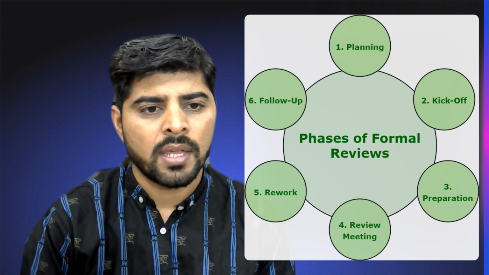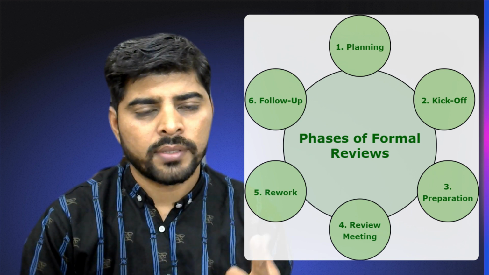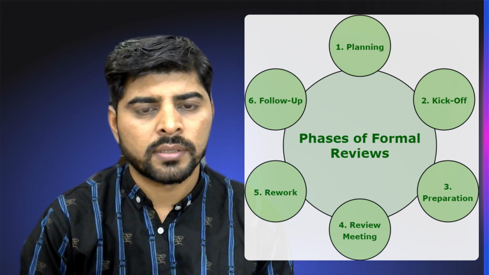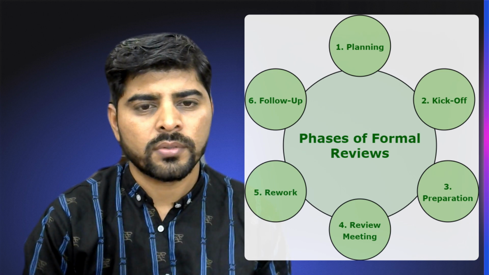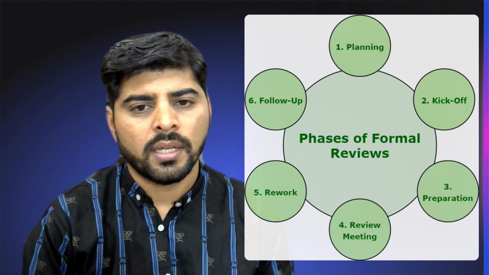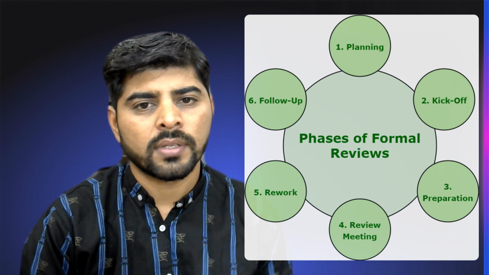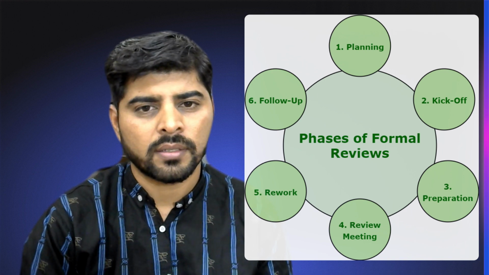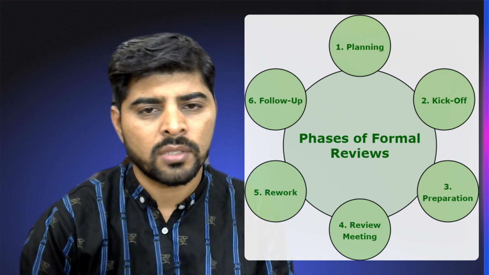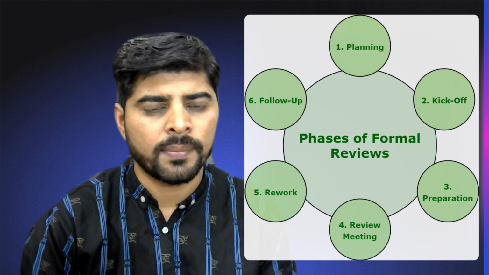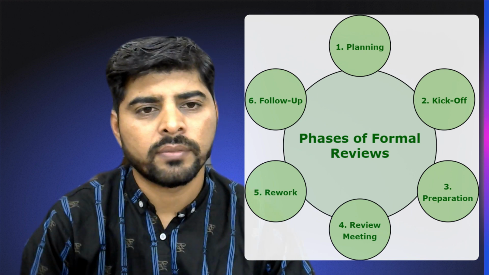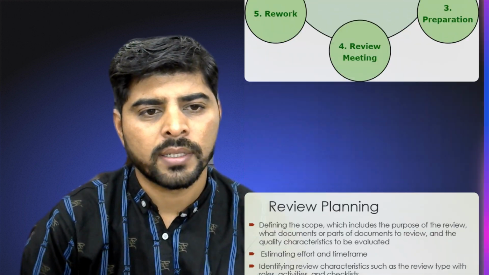There is an author, and there are reviewers who review the work product and identify the issues. Then identified issues need to be fixed, so rework is required. When rework is done, it needs to be checked, and then we do follow up. In this way we can do continuous improvement.